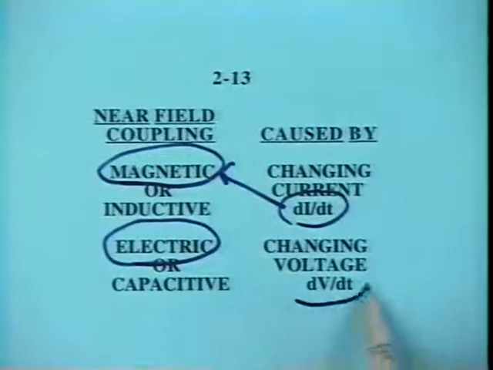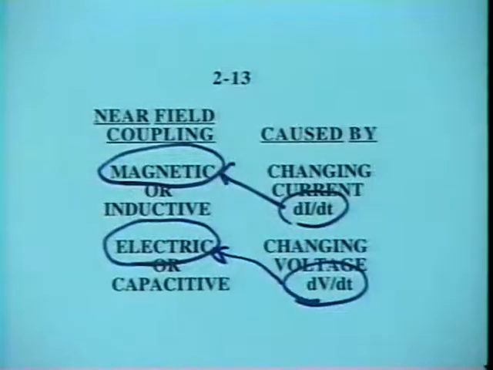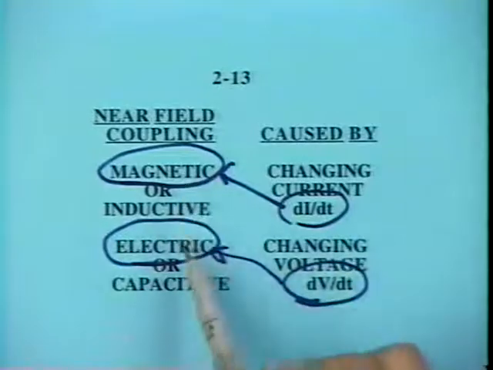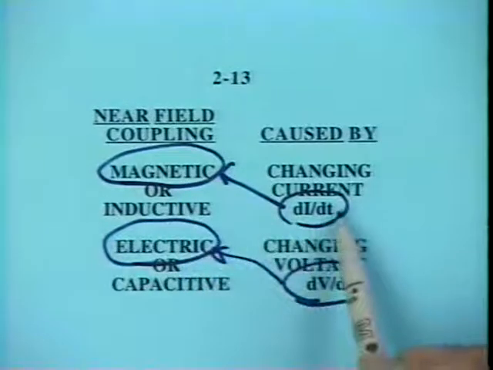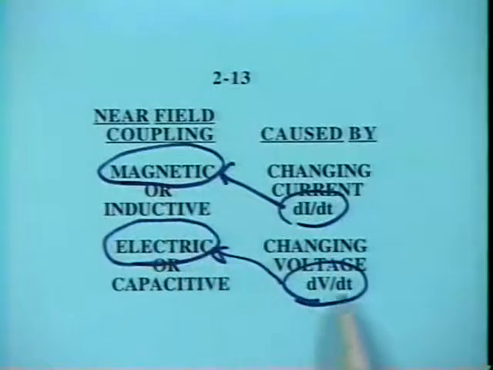I say time-varying voltages produce time-varying electric fields. Again, we're looking for a very simple association between something that's happening in the wiring and something that's happening around the wiring. Currents on the wires produce magnetic fields around the wires. Voltage differences between the wires produce electric fields between the wires.